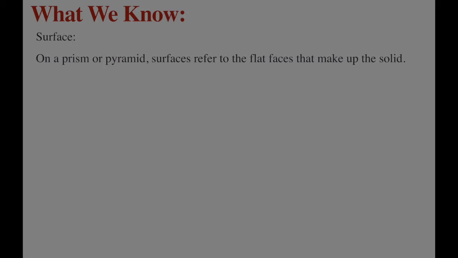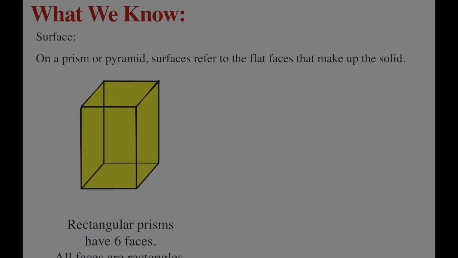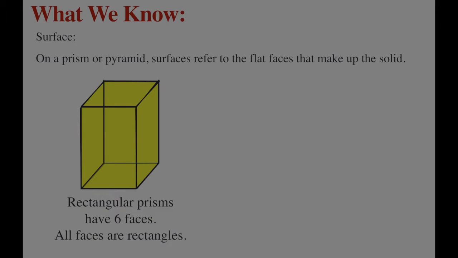When we deal with prisms and pyramids, they're a little bit different. The surface area refers to all the sides that make up the shape. And remember, possibly back in primary school when you dealt with things called nets, you actually opened up shapes to see what they looked like. Before we open up our shapes, let's look at this rectangular prism. We know it has 6 sides.